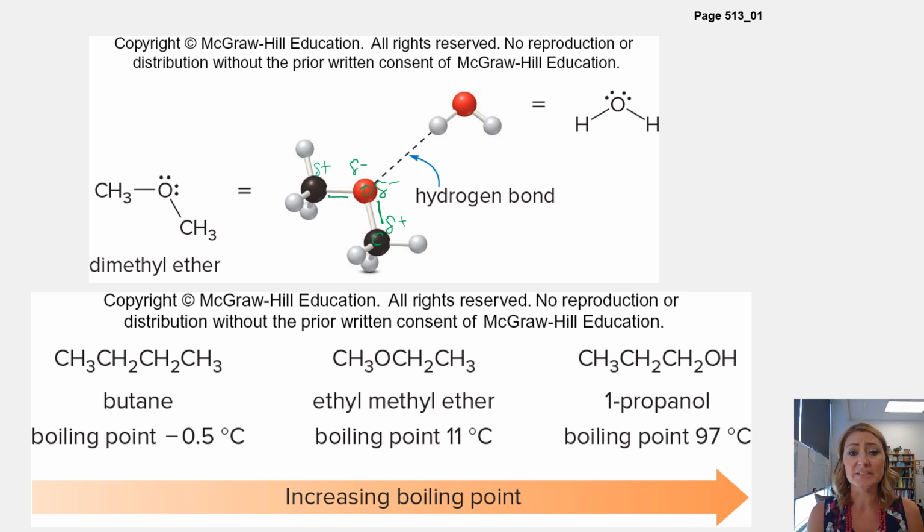Because it has a permanent dipole, because it's showing dipole-dipole as an intermolecular force, this slight negative charge on oxygen is able to interact with the hydrogen on water. And remember, we have the same thing going on here. We have a difference in electronegativity between oxygen and hydrogen. Oxygen is more electronegative. Hydrogen is less electronegative.